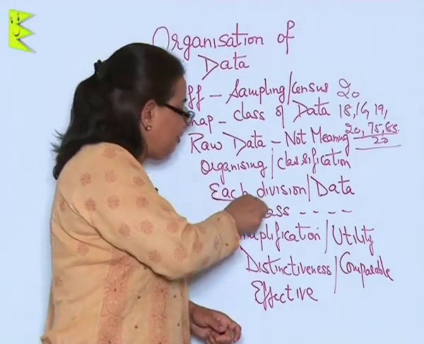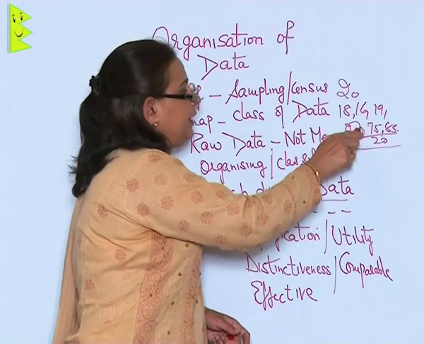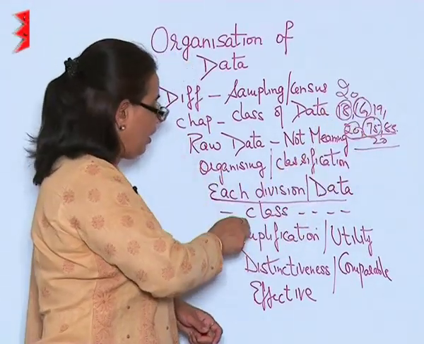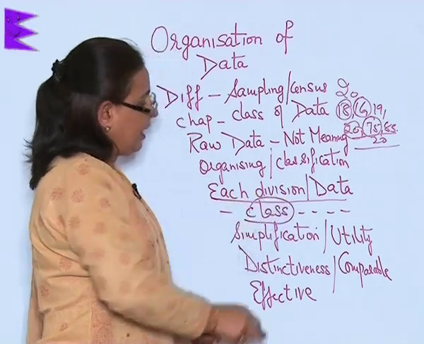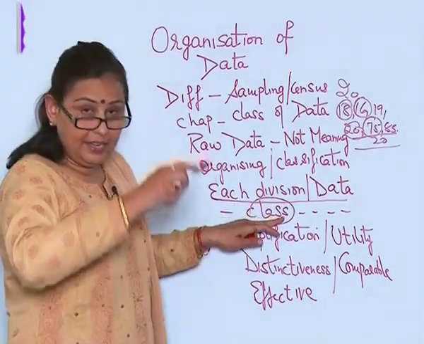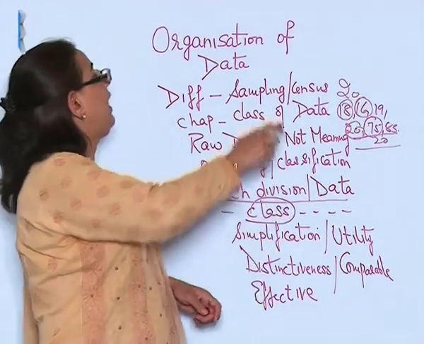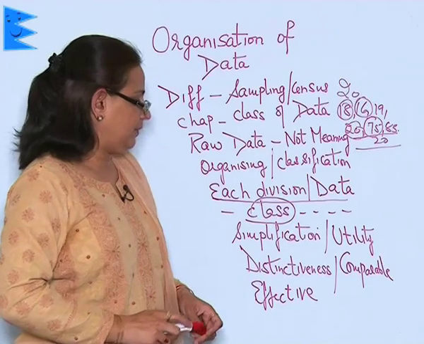Each division of data, that is 20, 18, 16, 75 is called a class. And when it is grouped, when it is arranged, the process is called classification.